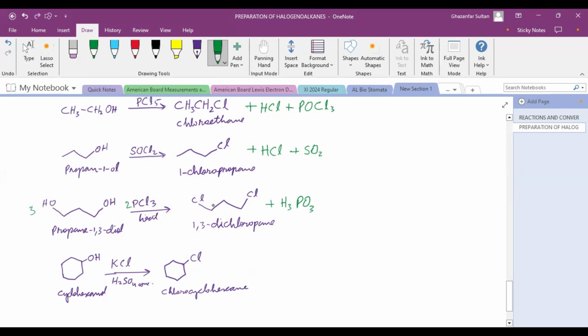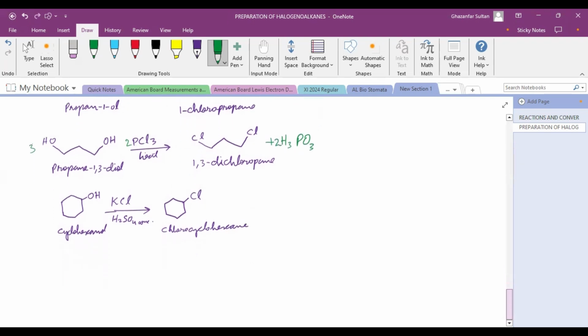If it was a 1:1 ratio, then 1 PCl3 produces 3 halogenoalkanes and 1 molecule of H3PO3. But as there are twice OH groups on our substrate molecule, so 2 moles of H3PO3 are produced.